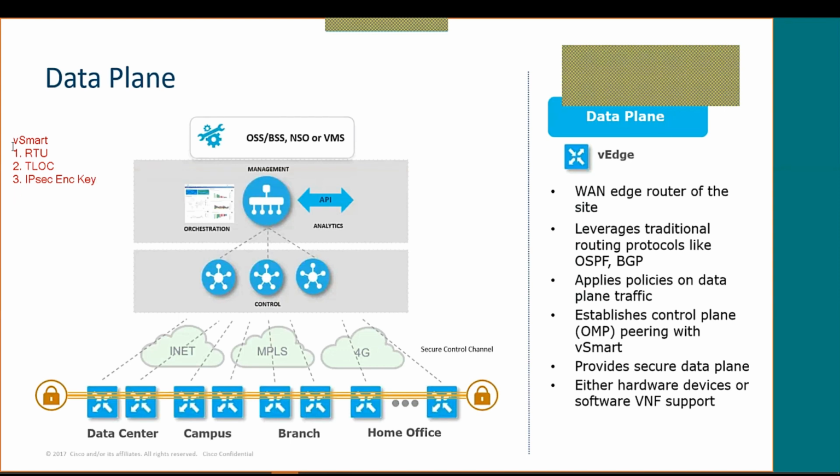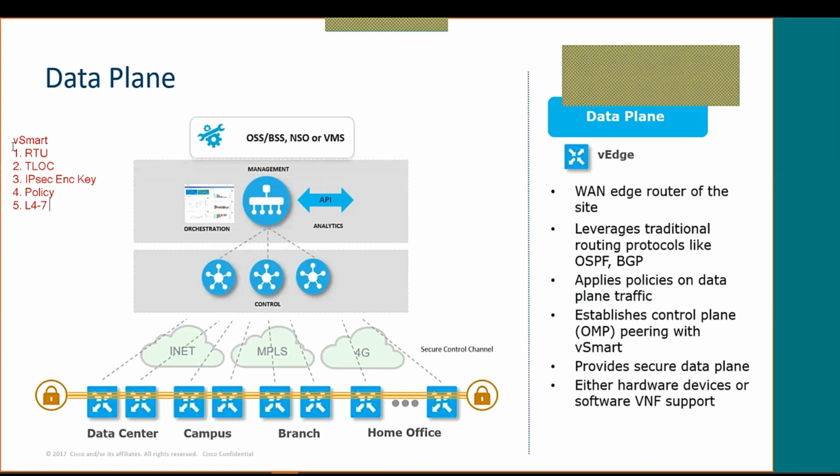Also we try to make the policies. When we are creating centralized data policies, the policy information will go towards it, plus the service function. In case L4, L7 devices are introduced, we try to do service insertion. Even this service insertion associated routing table update will go through vSmart.